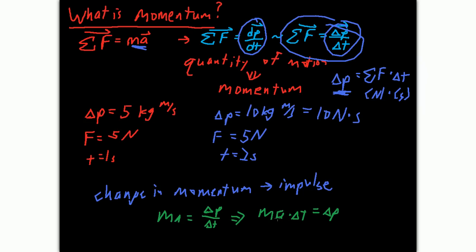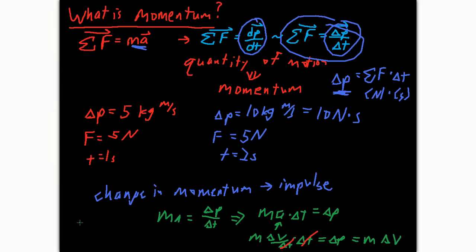Well, this acceleration is nothing more than change in velocity divided by the change in time, times the change in time equals the change in momentum. So I can cancel out these times, and I wind up with the change in momentum equals mass times change in velocity.